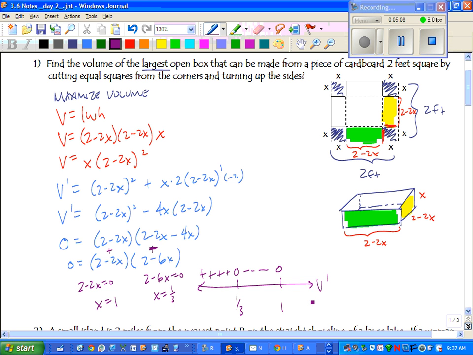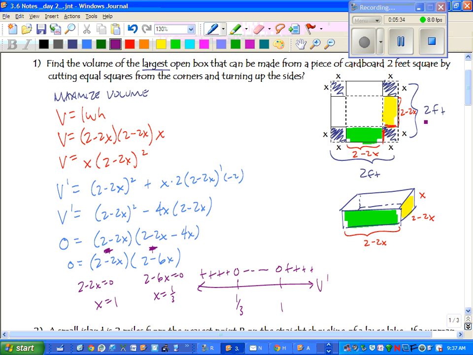And over here, if we go bigger than 1, let's say 2. 2 minus 2 times 2, that's going to be negative. 2 minus 6 times 2, that's going to be negative, so we get a positive. But really, if we look at what our situation is here, this is not going to make any sense for x to be 1. Because what would happen if x is 1? We wouldn't be able to make a box because we'd have 1 and 1.